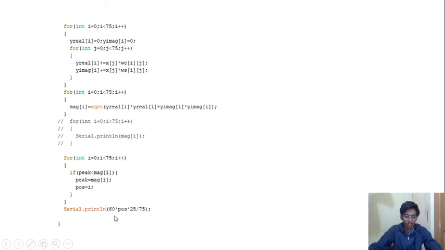Multiplying the position with certain constants gives us the pulse rate, where this is the position value of the peak, this is the sampling rate, and this is the number of samples.